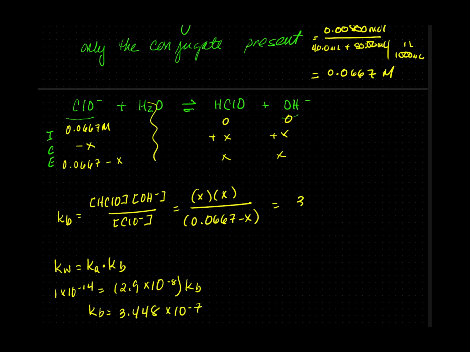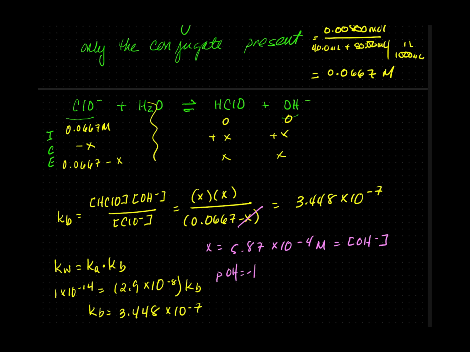Plugging it in, 3.448 times 10 to the negative 7. Since my exponent for my Kb is greater than 1,000th, the x on the bottom we could simplify out. Solving for x, this is equal to 5.87 times 10 to the negative 4 molar, and this is my OH minus concentration. So now I need to solve for my pOH.